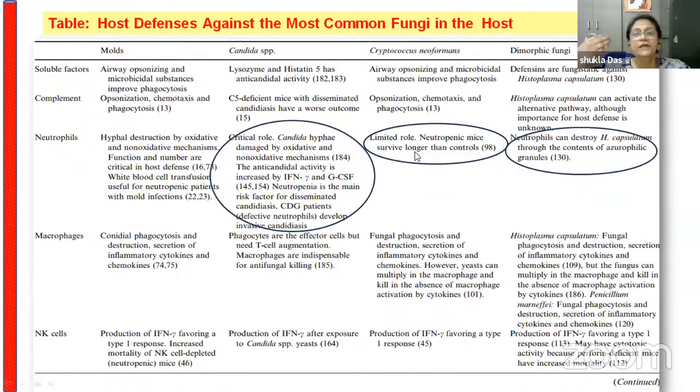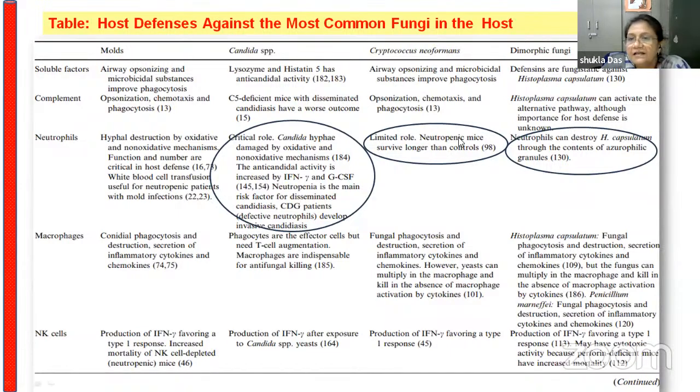So in a neutropenic patient, we would rather look for a chronic mucocutaneous candidiasis than a disseminated Cryptococcus infection.